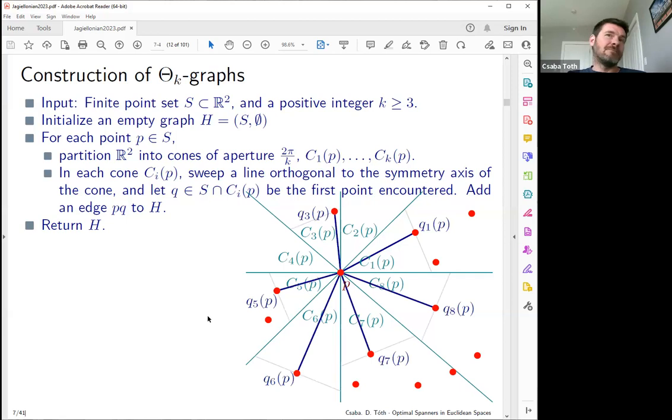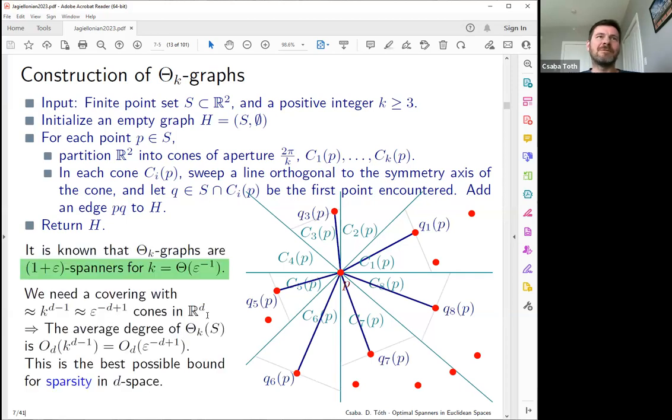And that's just the construction, and then it comes with a proof, also from the classical result, that if the number of cones is 1 over epsilon, then this gives a 1 plus epsilon spanner. What I didn't say is that we do this for every point, not just for one point. And then we get a spanner.